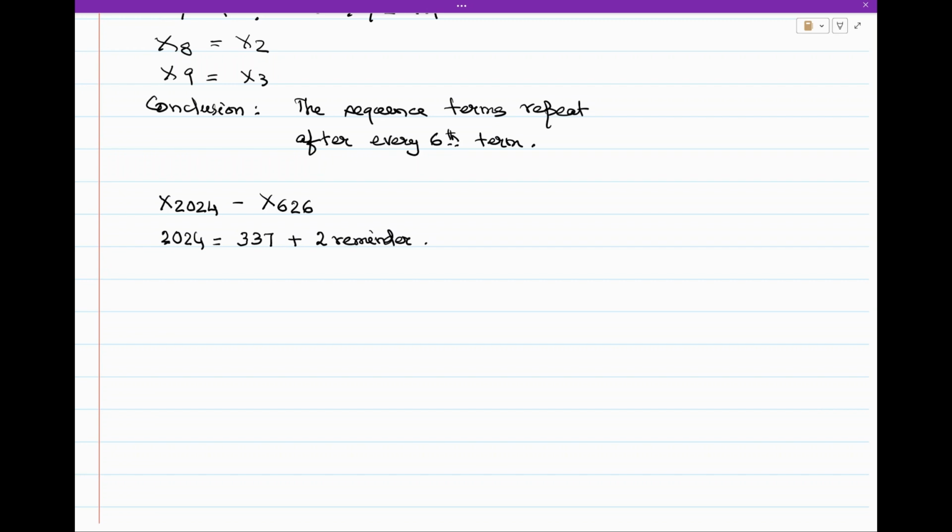That is, 2024 will be 6 multiplied by 337 plus remainder of 2. Since the terms repeat after every 6 terms, the value of x2024 will be same as the value of the second term.